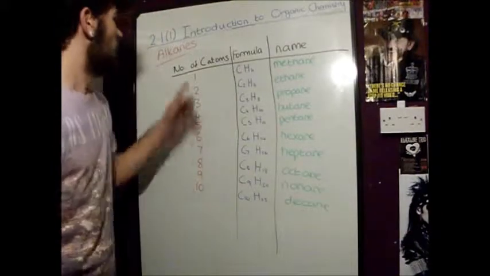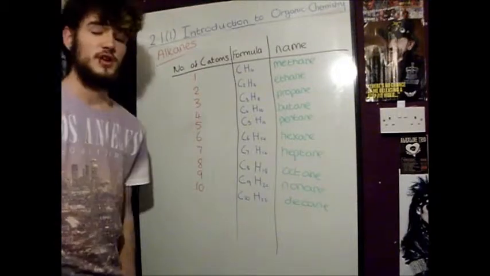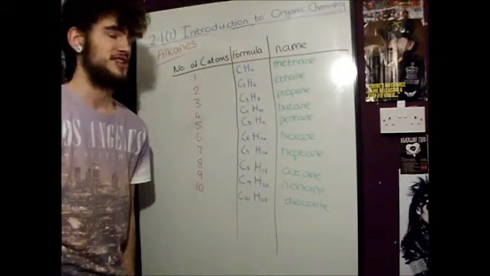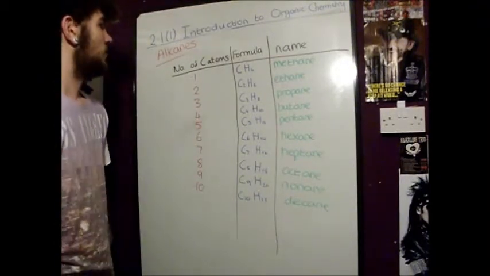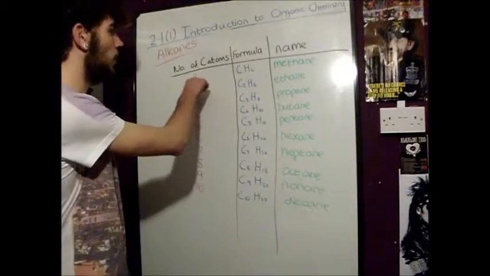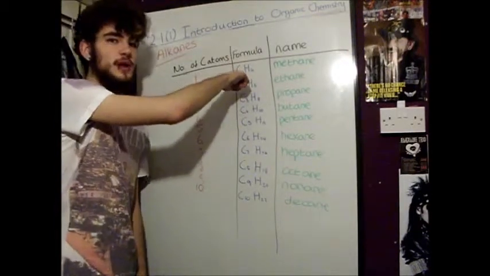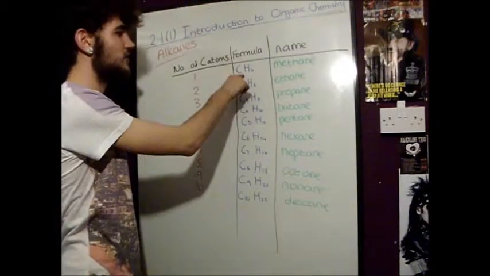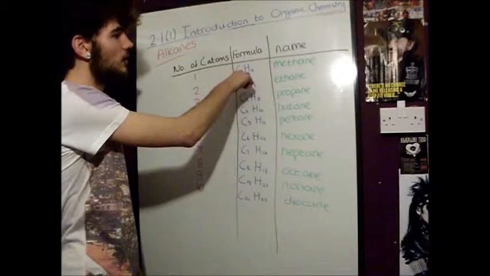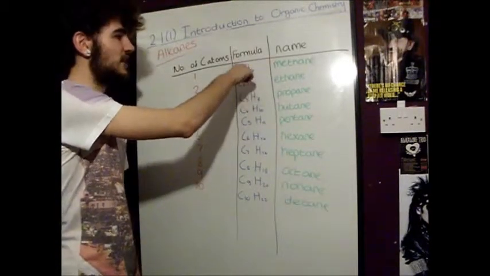Right, here are the first 10 alkanes, and you need to know the names of all of these for your exam. And here I'll show you how the general formula works. When there's one carbon atom, in CnH2n+2, it's 1 C, then 2 times 1 is 2, plus 2 is 4, so it's H4.